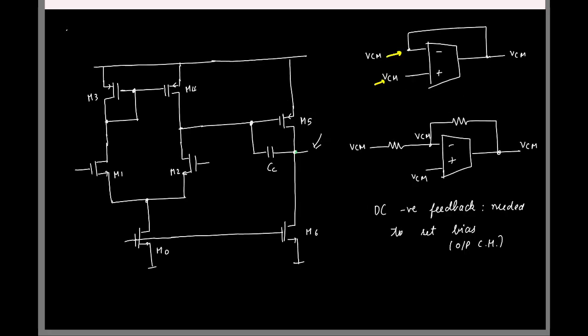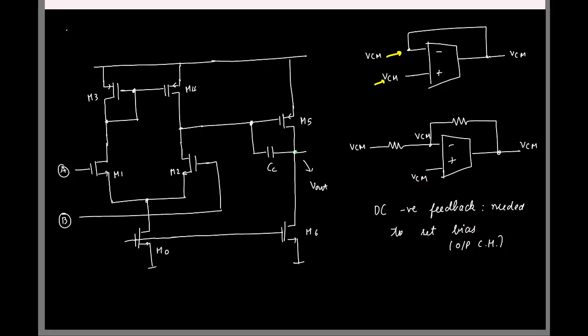Okay, so here, as we mentioned, we need to have this negative feedback. So let's try to quickly make the feedback. So this is my output. So I have two inputs now, A and B. So what is the negative terminal? B. Why?